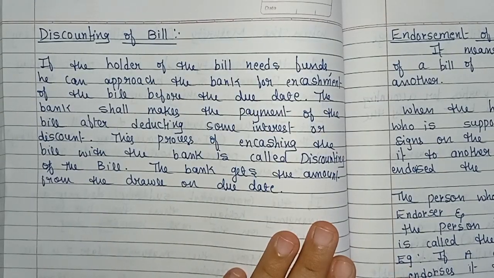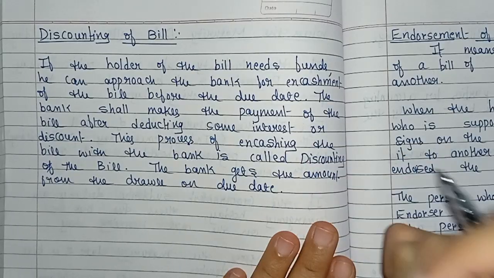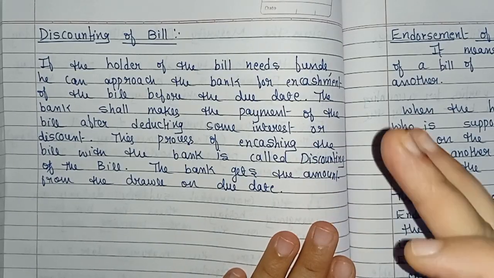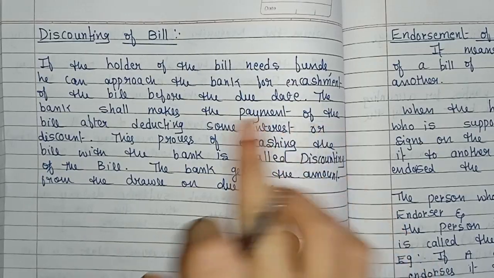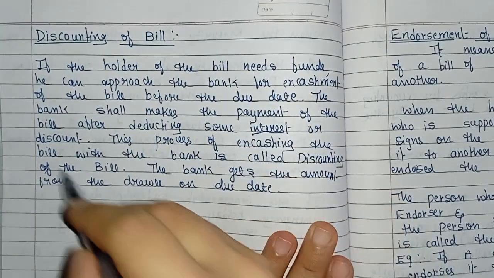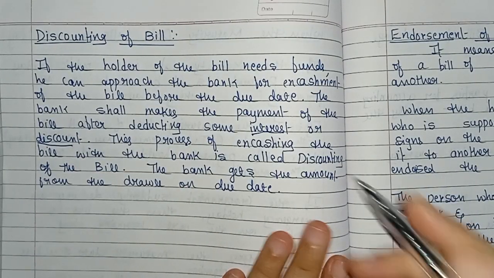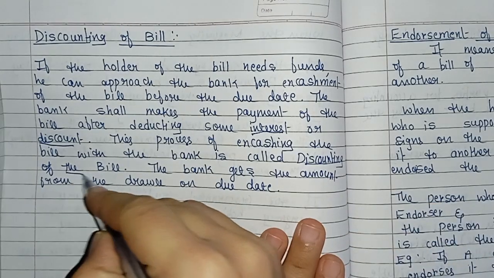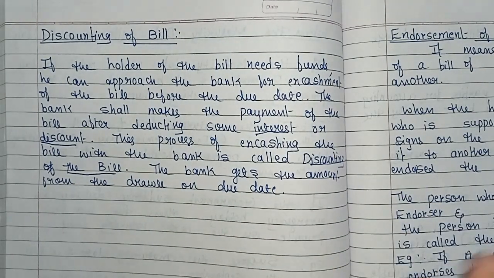The bank makes the payment of the bill after deducting some interest or discount. This process of encashing the bill with the bank is called discounting of the bill. The bank gets the amount from the drawee on the due date.